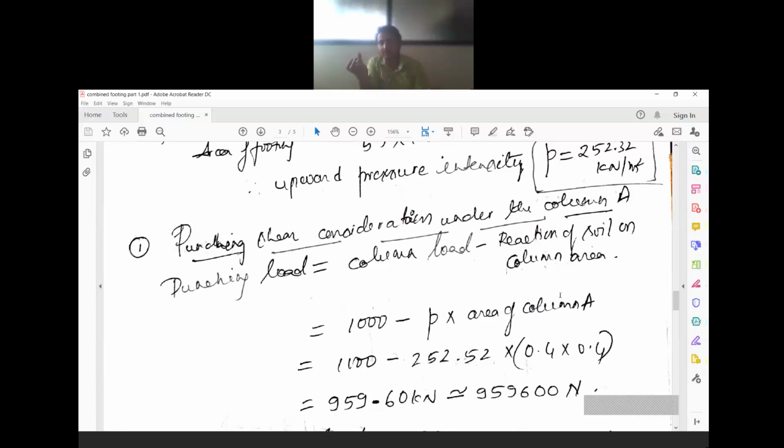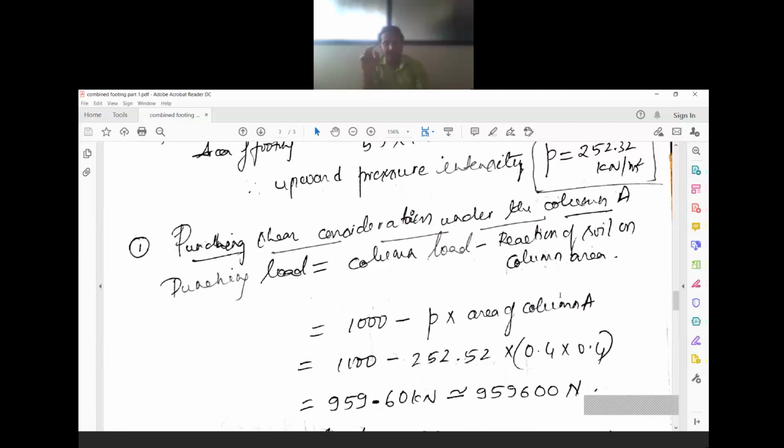First we have to calculate the bending moments and draw the bending moment diagram. After calculating the bending moment diagram, we will know the maximum bending moment. According to that maximum bending moment, there is the Mu limit formula for Fe415 in IS 456. In that formula, if you substitute, we will get to know the depth of the foundation.